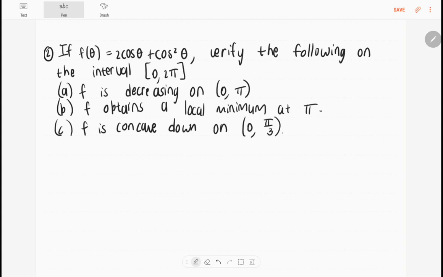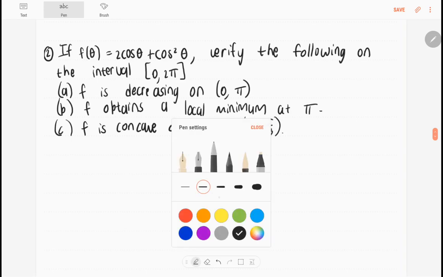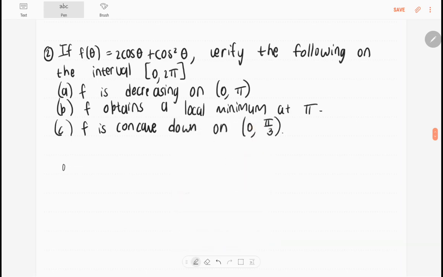To know whether a function is increasing or decreasing, we have to determine our first derivative. So I'm going to look at my first derivative, and if you work that out, once again I'm not going to write all of the steps, but you end up with f's derivative equals minus 2 sin theta times 1 plus cos theta.